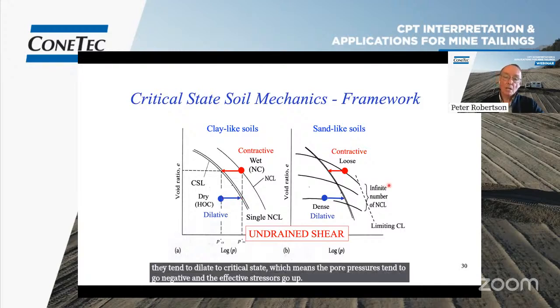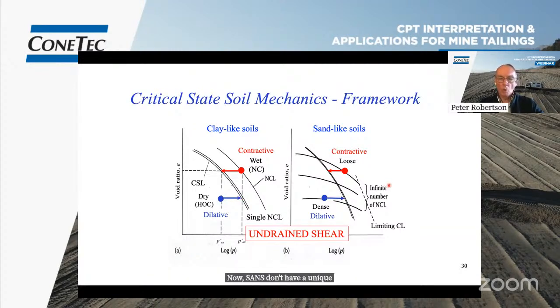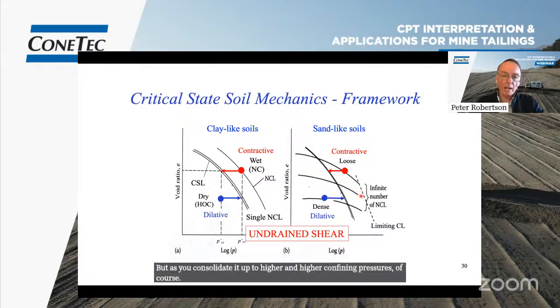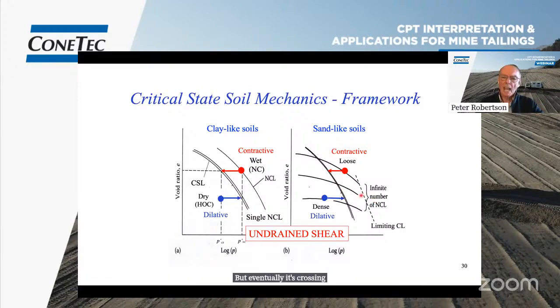Now, sands don't have a unique normal consolidation line. They can be constituted to a wide range of void ratios and a wide range of relative densities, so each of them has its own consolidation curve. You could have a relatively dense sand that, at low confining pressure, would be dilative, but as you consolidate it up to higher and higher confining pressures, of course the density is getting higher, so the relative density keeps creeping up a little bit, but eventually it crosses over the critical state line and becomes contractive.